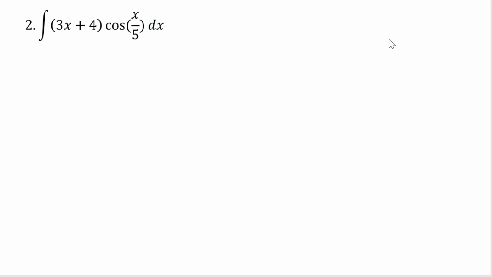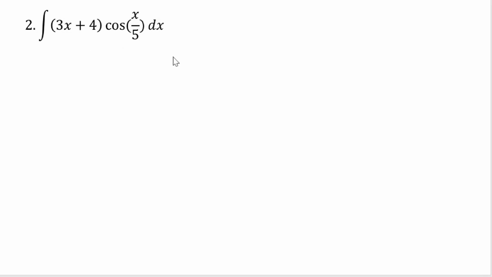And for number 2, we have the integral of 3x plus 4 times cosine of x over 5 dx. The term 3x plus 4 is an algebraic function, and the term cosine of x over 5 is a trigonometric function.